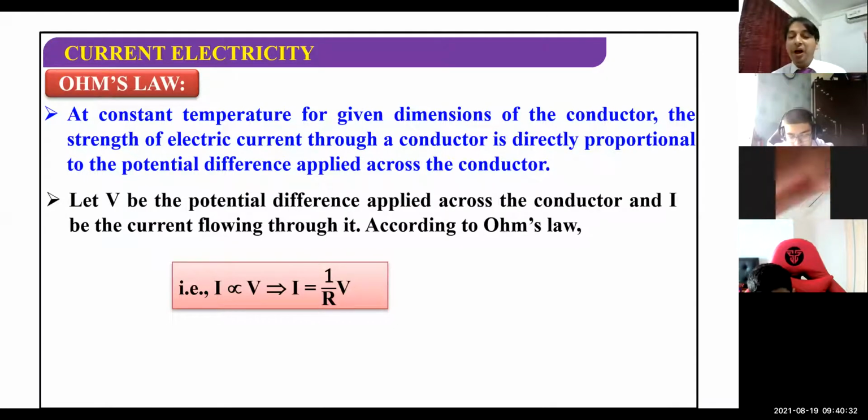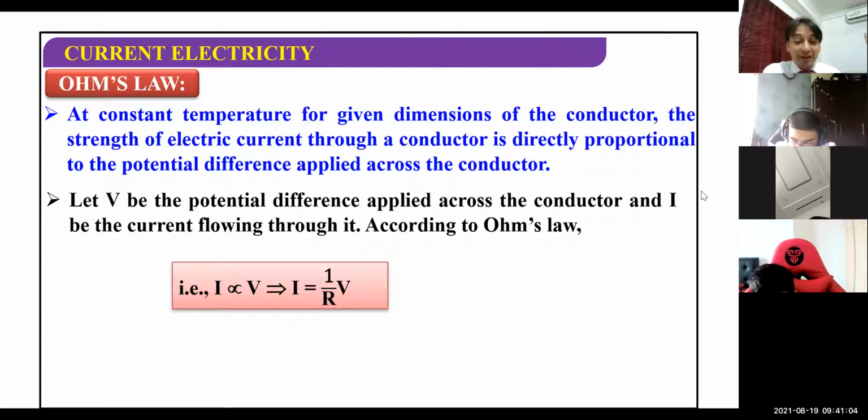Now, children, in our last class we discussed that if we have a conductor and we have connected a component, suppose an electric lamp, and as soon as we connect a battery and the switch is on, electric current starts flowing due to the battery. Ohm is the scientist who explained how current varies according to voltage.